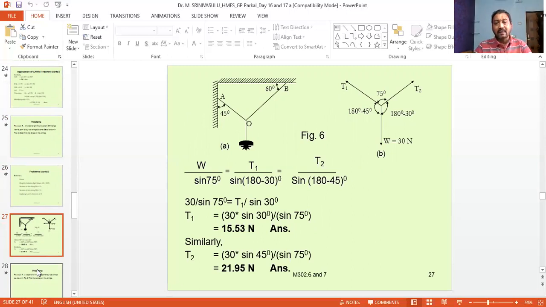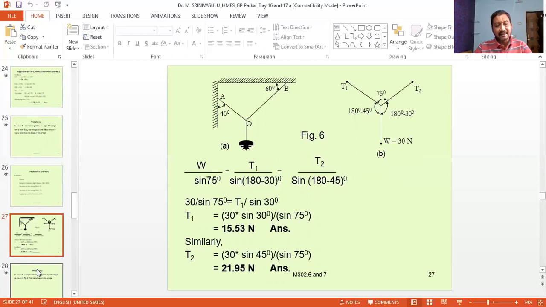Here the figure is given. The two strings OA and OB are supported by the horizontal beam and vertical wall. The picture shows the electric fixture of the given weight hanging by the two strings.